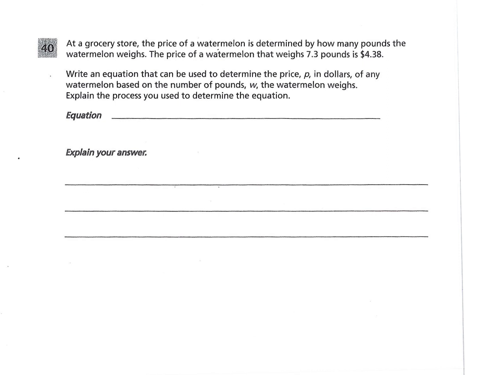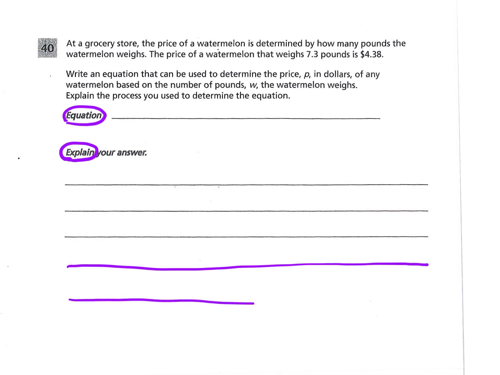Welcome to problem number 40. On this page, we're given a word problem, and we're asked to write an equation for the information we've been given. And on the lines, we're also asked to explain our work. Just because there are 3 lines doesn't mean you can't extend the lines.